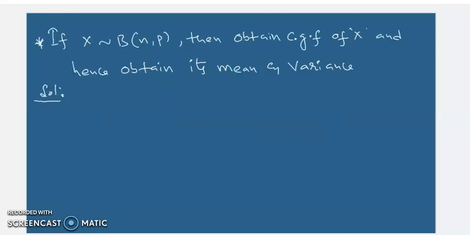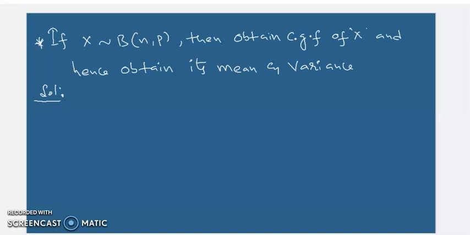To understand much better the concept of C.G.F., that is the cumulant generating function, look at the example here. If X is B(n, p), meaning X follows a binomial distribution with the parameters n and p, then obtain the C.G.F of X, the cumulant generating function of the random variable X, and hence obtain its mean and variance.